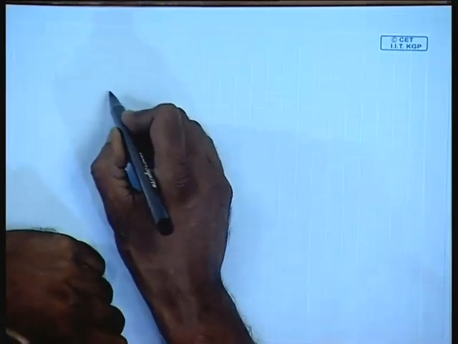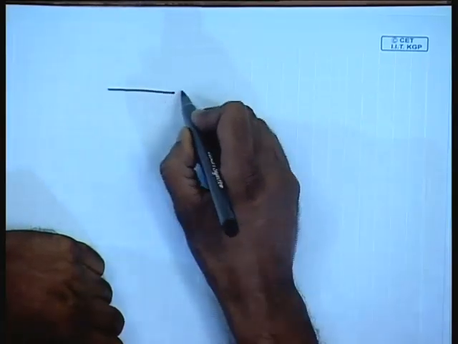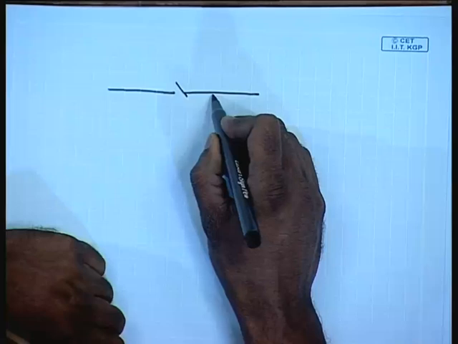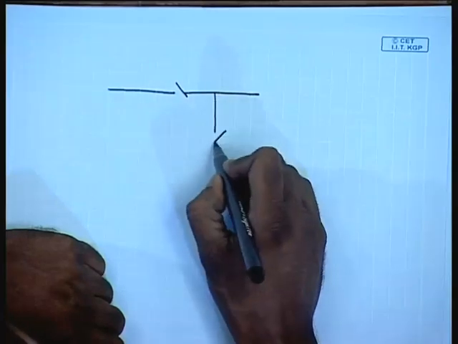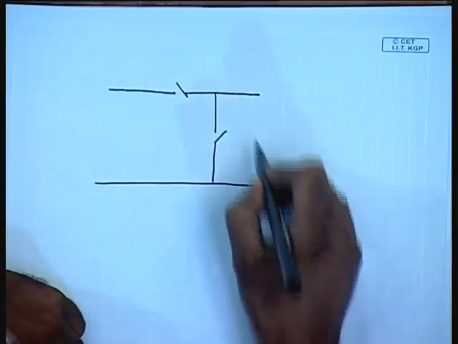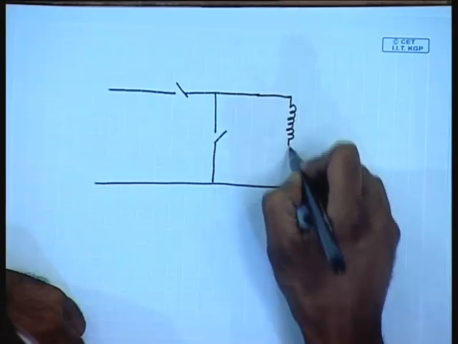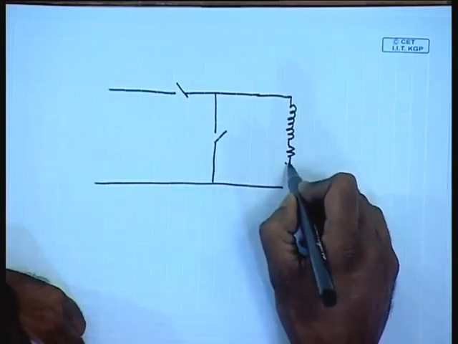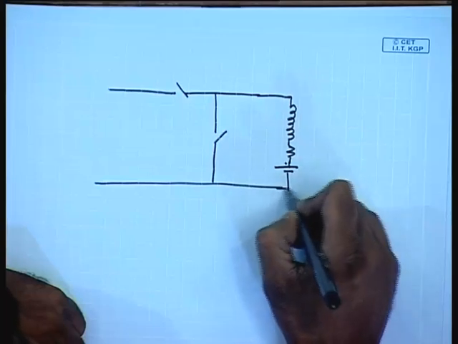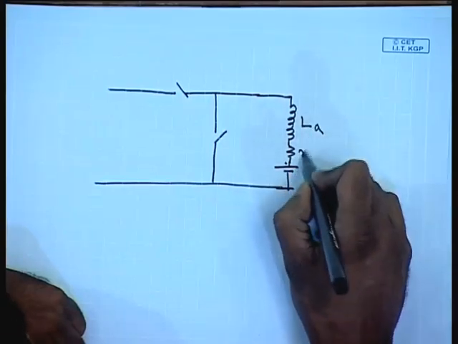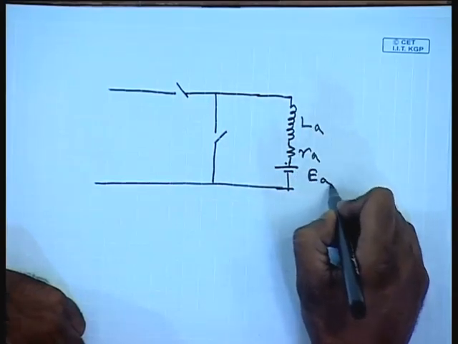If we draw the transient equivalent circuit of the DC machine, we find that in addition to resistance it has an armature inductance. This is the back EMF, this is called the La, Ra, Ea.